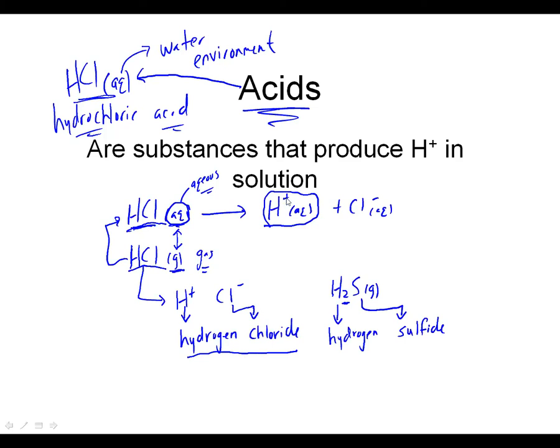When we talk about naming acids, it's really all about oxygen, and oxygen is really important in terms of how we go about naming acids and the rules for it. If you have no oxygen, when you go to name the acid, it will always start with hydro, something, ic acid.